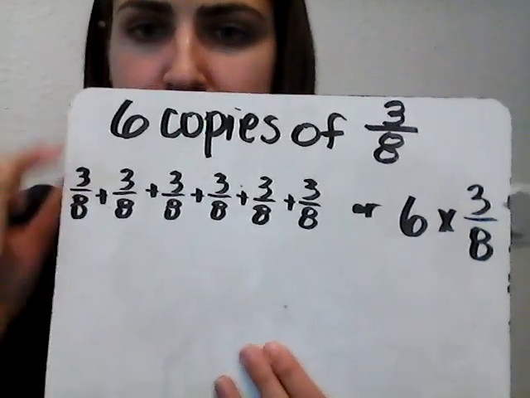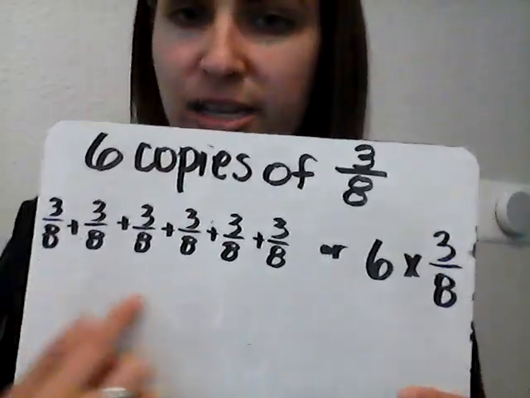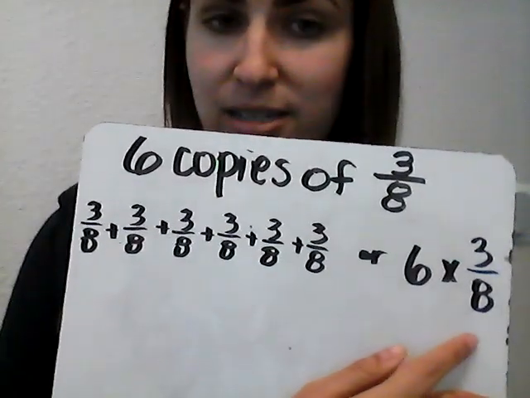Alrighty, so I'm going to show you the 2 number sentences that I wrote, and maybe yours are similar to mine, maybe they're different. That's okay. So for 6 copies of 3/8, I wrote an addition sentence and a multiplication sentence.